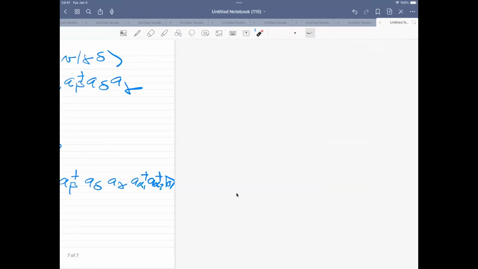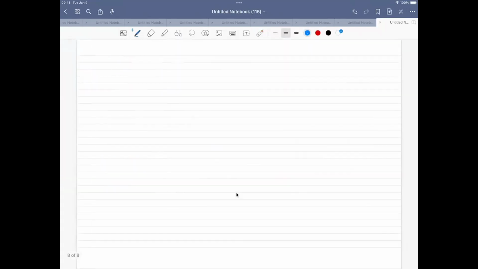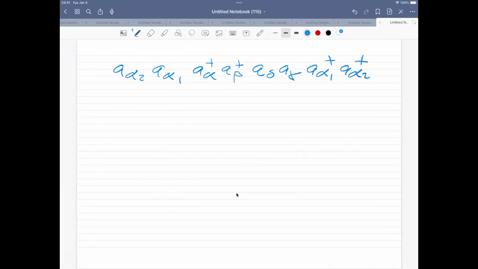So let's now just write it down. We have an A alpha 2, an A alpha 1, and then an A alpha, A beta, and then an A delta, A gamma, and then an A alpha 1, and then an A alpha 2 dagger. So I cannot have contractions within the operators themselves. I'm just going to single them out like this.